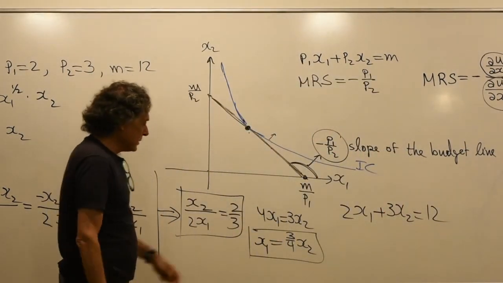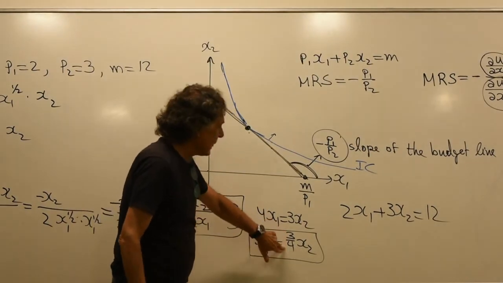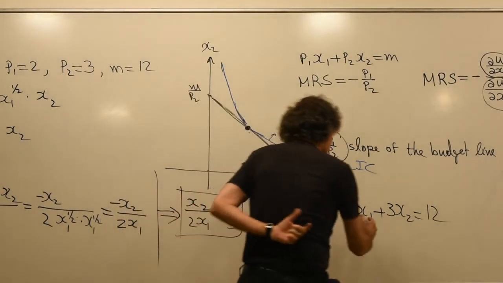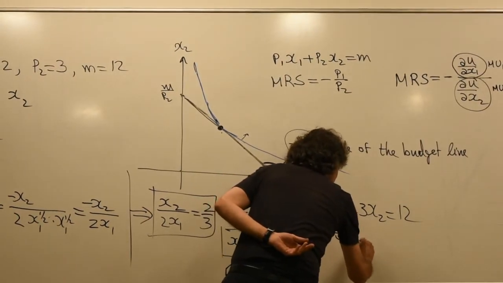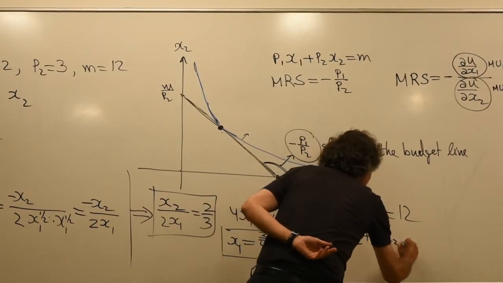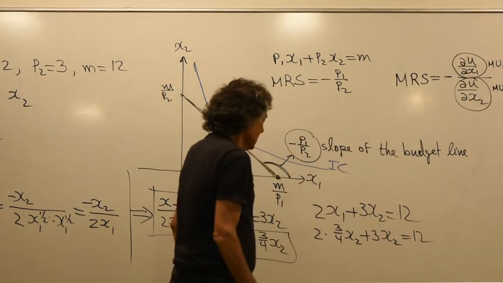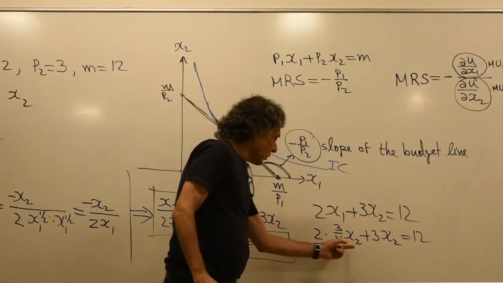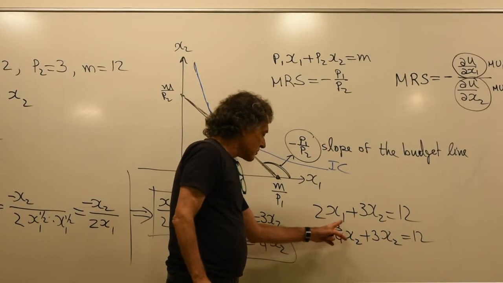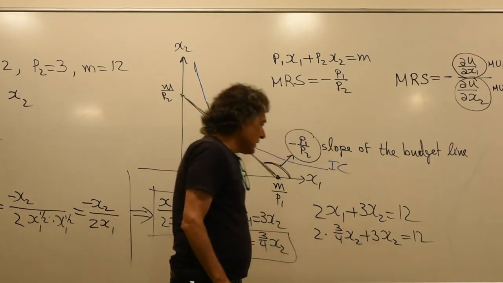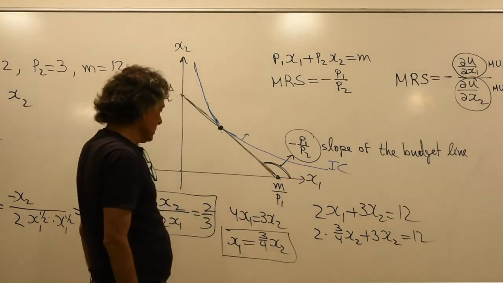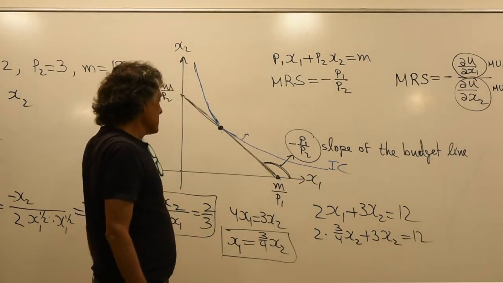So I can substitute. Instead of x1, I'll put 3/4 x2. So I'm getting 2 times 3/4 x2 plus 3x2 equals 12. So here I get 1.5 x2 plus 3 x2 is 4.5 x2 equals 12.